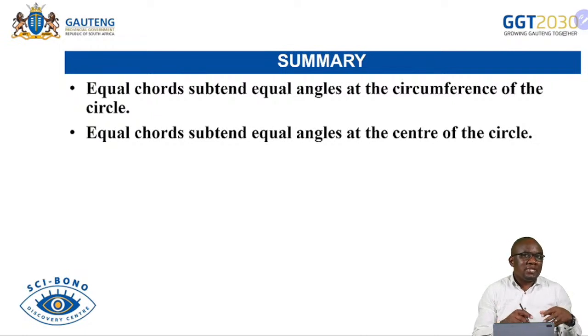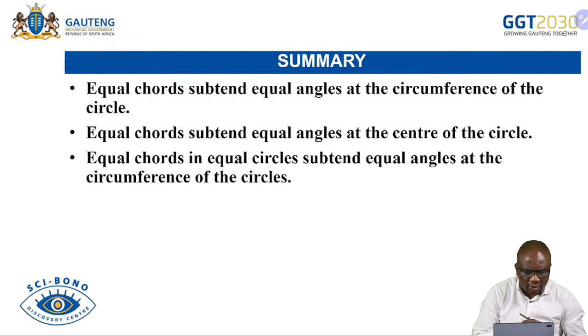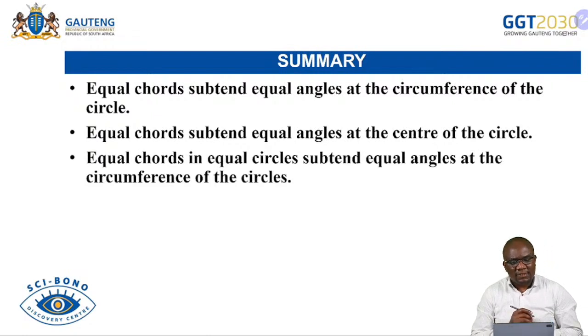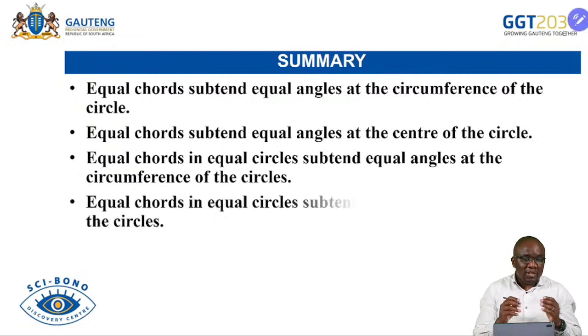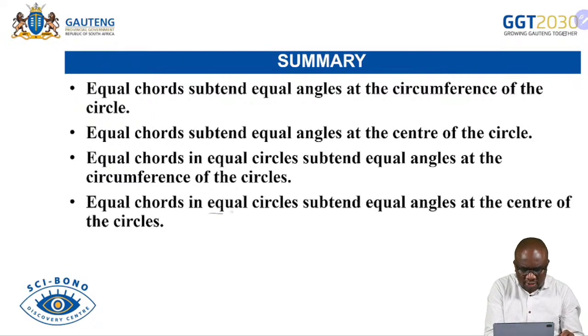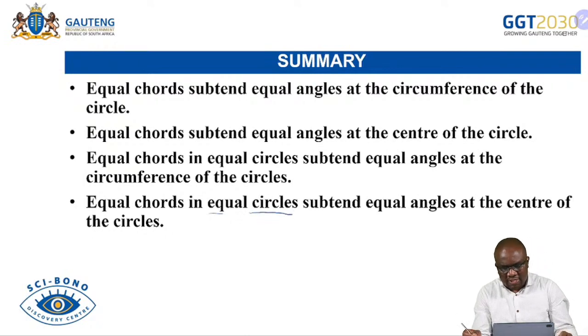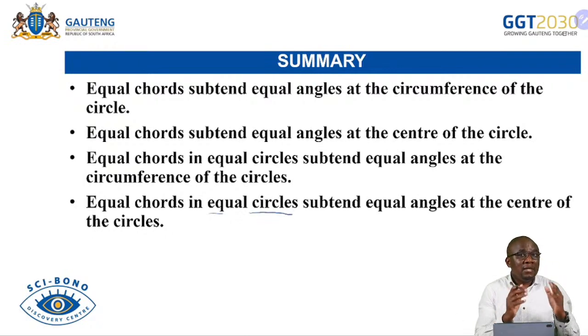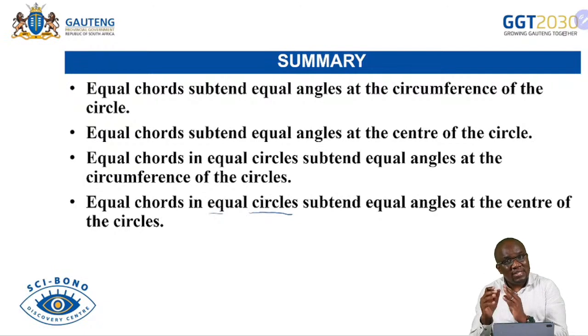And then equal chords in equal circles subtend equal angles at the circumference of the circle. Remember that: equal circles, equal chords, equal angles. And then equal chords in equal circles subtend equal angles at the center of the circle. Equal circles, equal chords, equal angles.